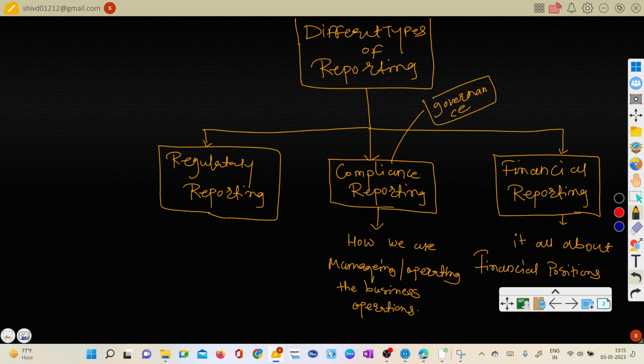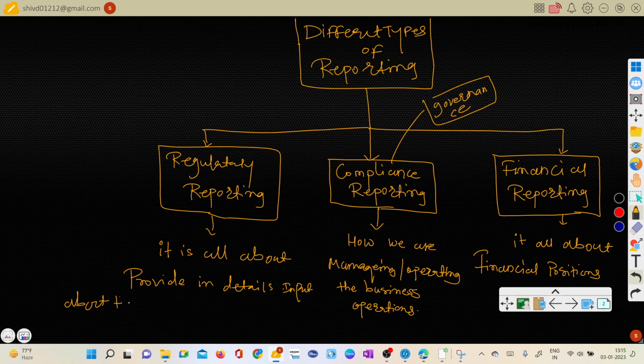And when we say regulatory reporting, it means this particular task is all about providing detailed information about the financial transactions to the regulator.